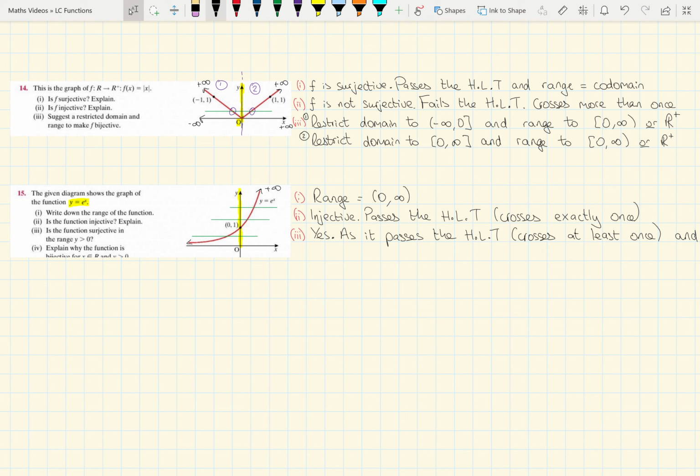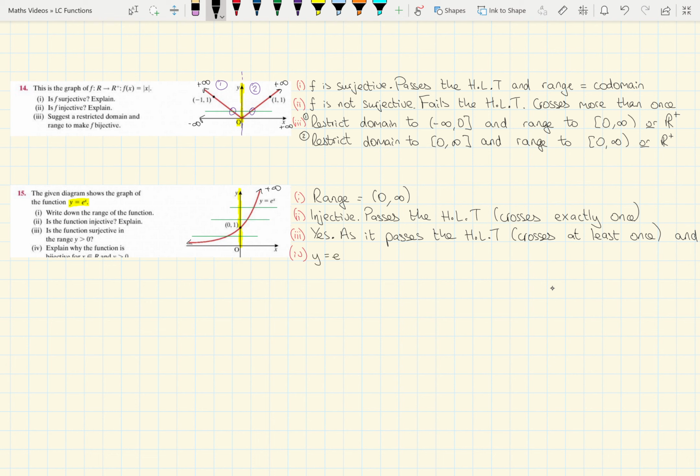And the last part, it's just a little bit cut off. But we're being asked to explain why the function is bijective for x an element of R and y is greater than 0. So we've essentially answered this already between parts 1, 2 and 3. So we're just going to reiterate that.